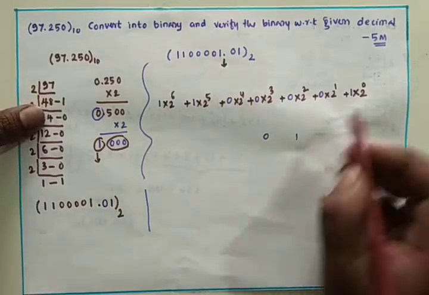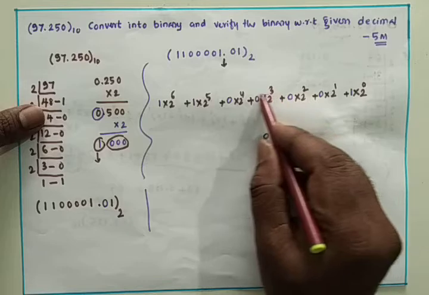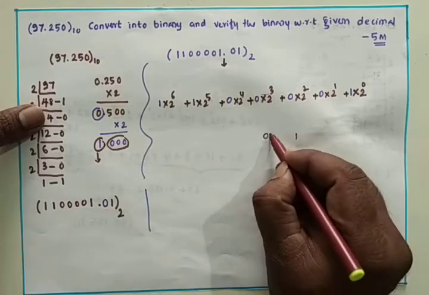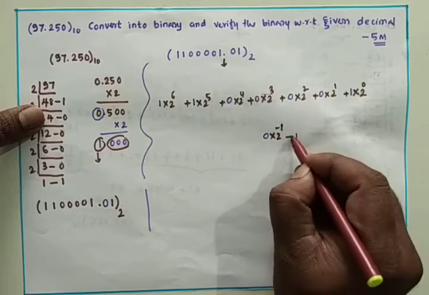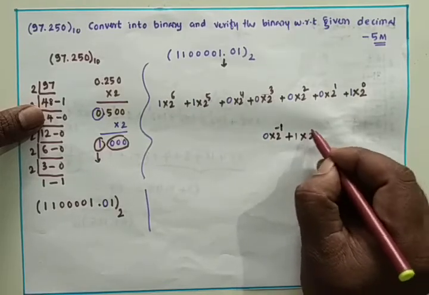Then 0 through 5 is completed. Then we go for the negative: 0 into 2 power of minus 1 plus 1 into 2 power of minus 2.